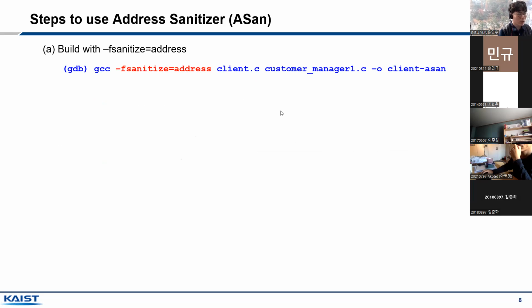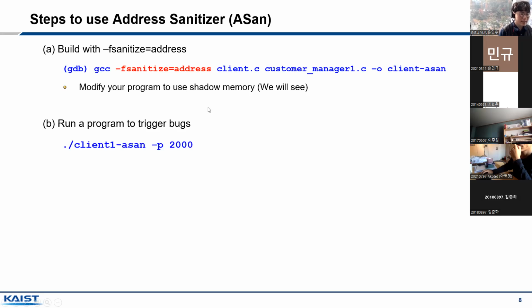To use the address sanitizer, the first thing you need to do is build a program with a special compiler flag, which is -fsanitize=address. What it does is modify your program to use a shadow memory.